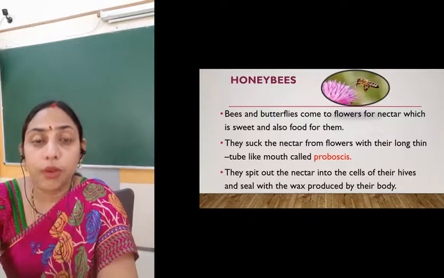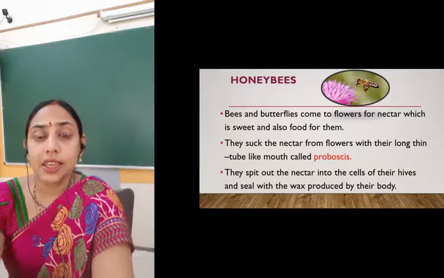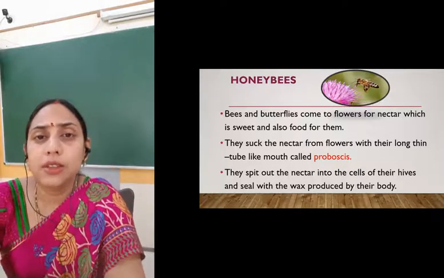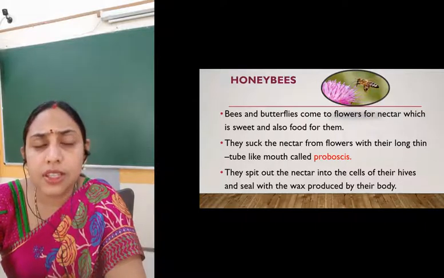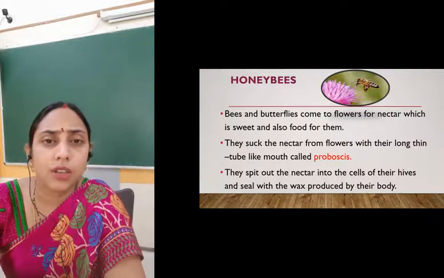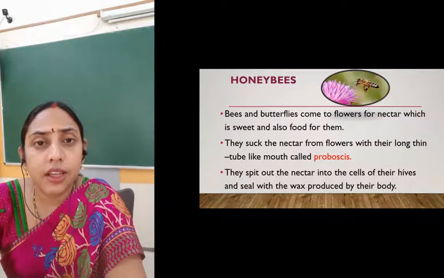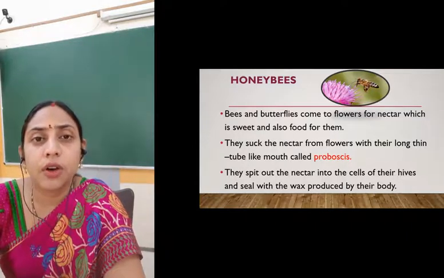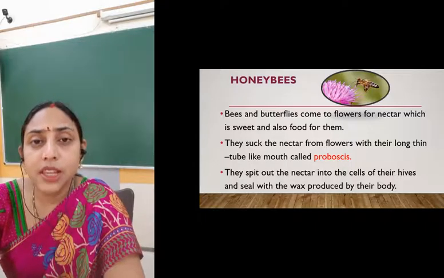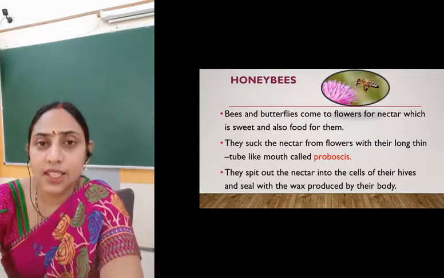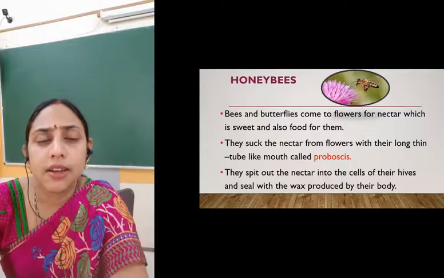So that is one thing. Another thing is flowers. You might have observed that flowers have powder-like structures, small particles on them, that easily get attached to our hands when we touch them. These are called pollen grains, or pollens, right.